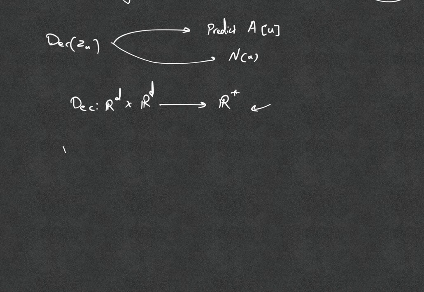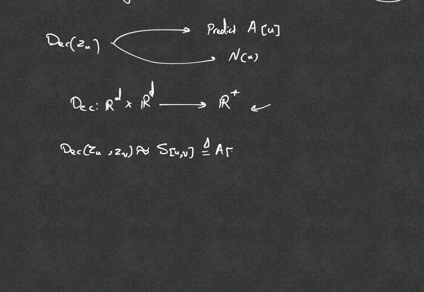So an instance would be, for example, that you want this to be similar to the similarity of u and v. And this, for example, could be defined as whether or not there exists an edge between them, or other similarity methods that we discussed earlier regarding, for example, the number of paths between them and such.